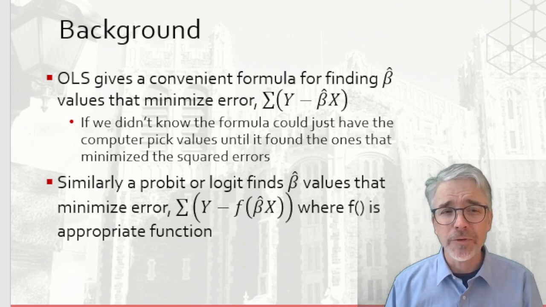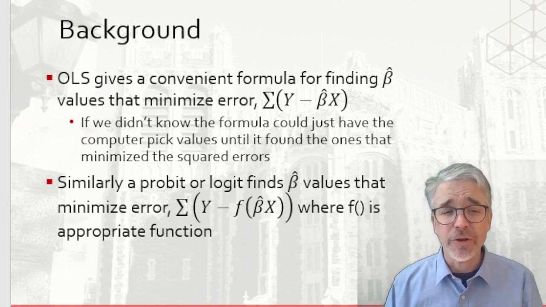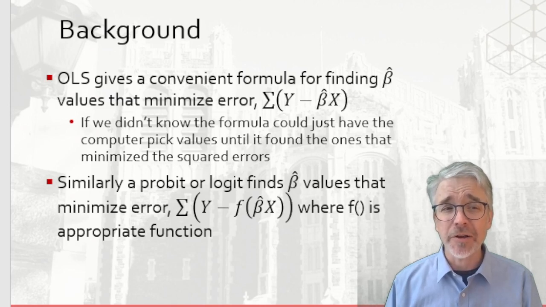Similarly, probit or logit is going to find some values of beta that minimize the new revised error term, which is y minus the function of beta x, where that function f is the logit function or probit function. There are plenty of other estimators possible that just use a different function there for f. Whatever the function, have the computer find a beta value that minimizes that error.